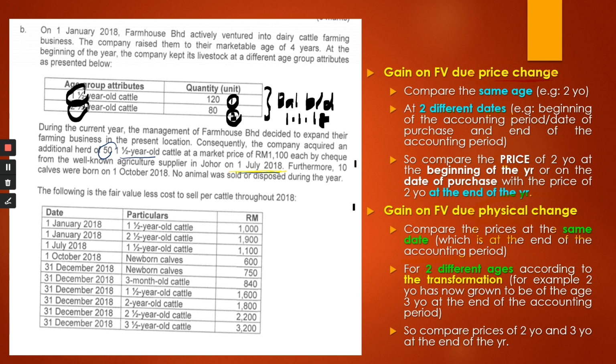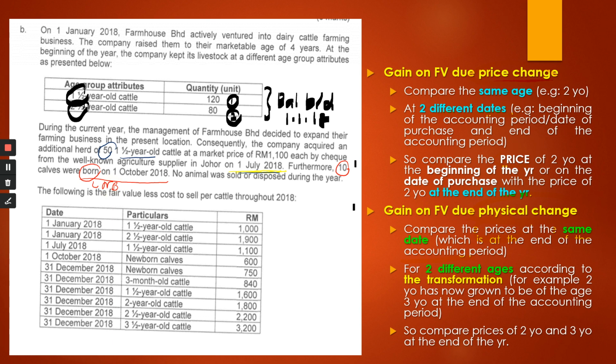Right, that was the new acquisition. That is not what is required. What is required is this 10 calves that were born on 1st of October. Were born. So this is the newborn.